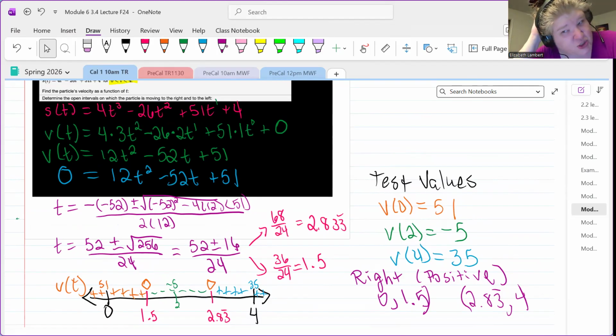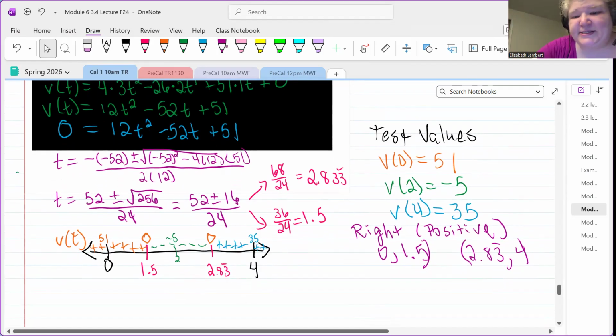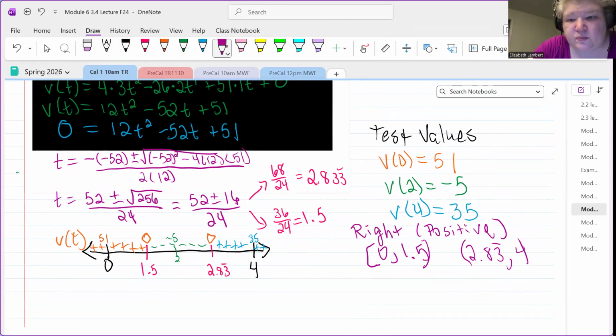So I don't know if they actually want us to put open parentheses or a bracket there. I would just try both and see what WebWork takes. But from the technical side of things, at 0, it is going right. And at 4, it is also going right. So me personally, I would put the brackets because that is included. But the direction said open, so they may want it open.